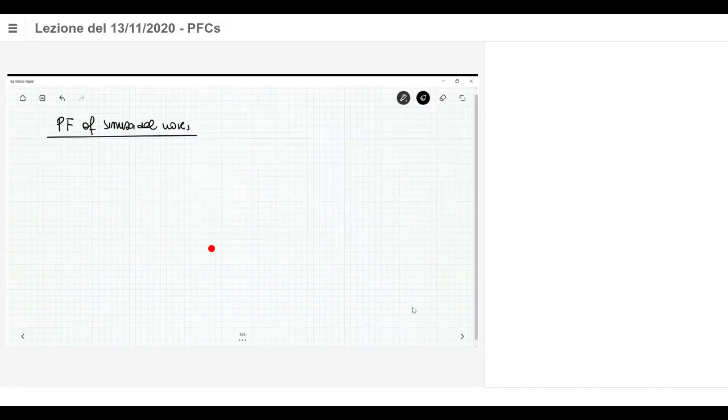Suppose, for example, that you have a circuit composed of a resistor and an inductor, the classic ohmic inductive load. The voltage V here is a sine wave, and so the current is again a sine wave.